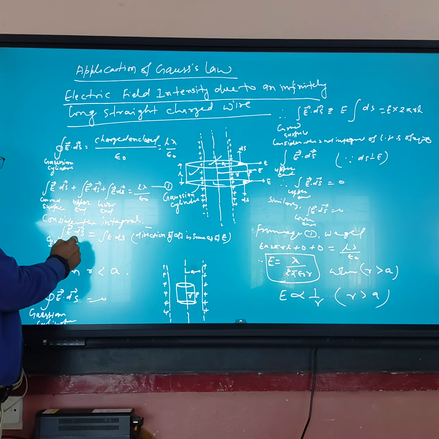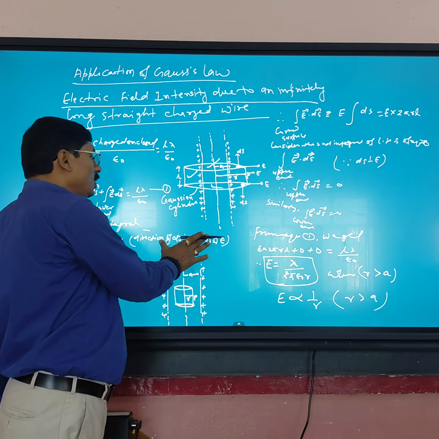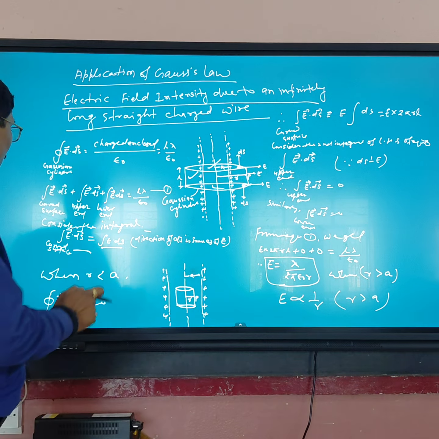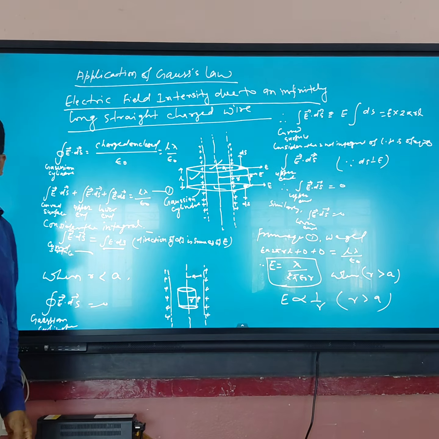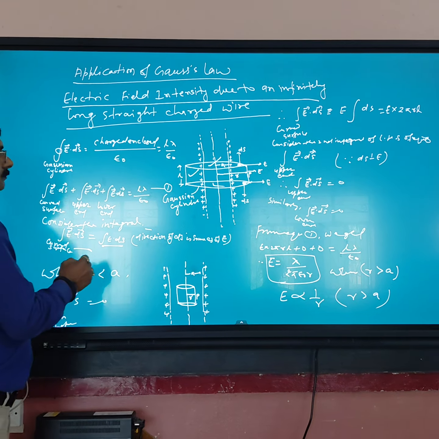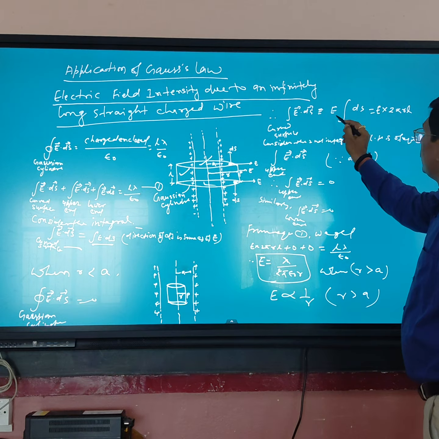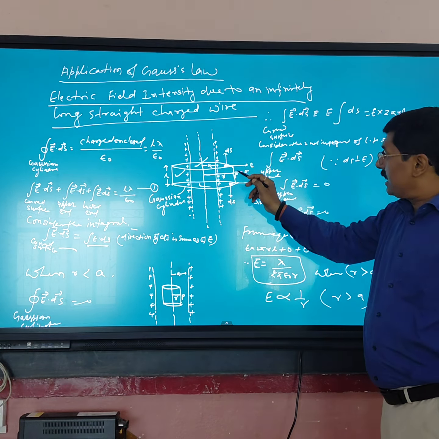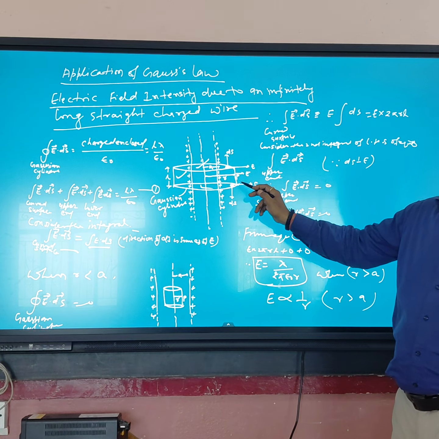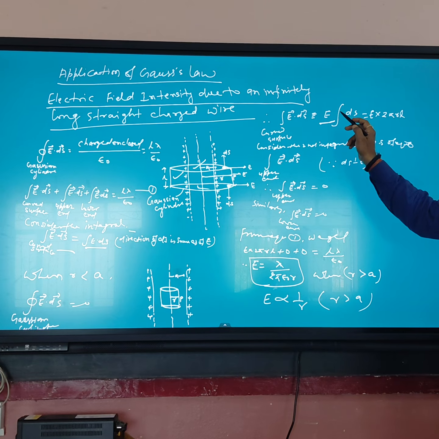The curved surface, E dot ds, E ds, where the direction of ds and the direction of E is the same. So E ds cos theta, cos 0. Here E is the same at distance r on the Gaussian cylinder, so E is constant.